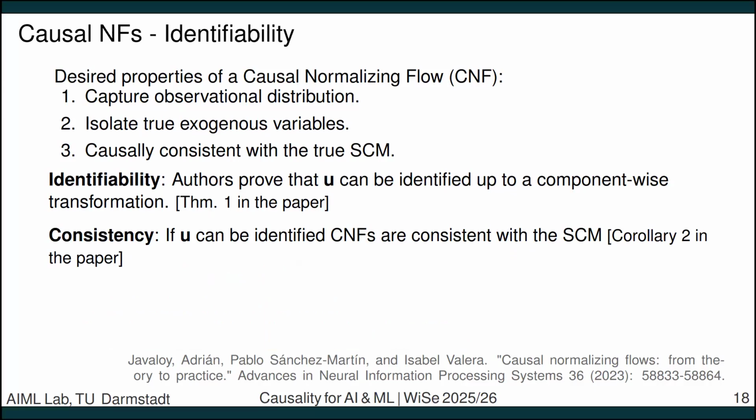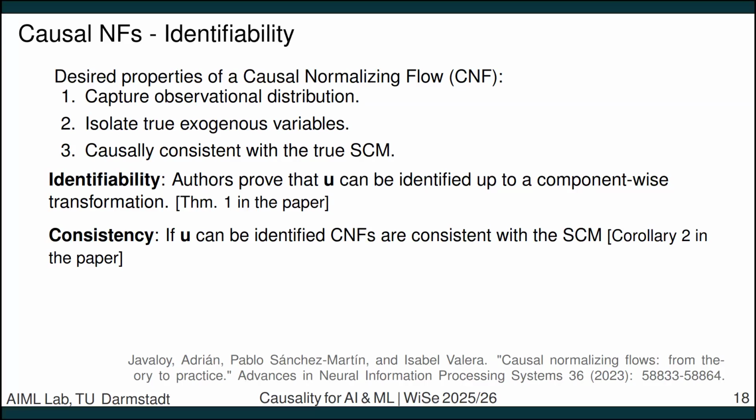So we do not mix together certain U's, but they are component-wise independent of each other, and we identify the right one for the right variable. The only thing that can happen, and which we can't really prevent, is that we might not be sure of the exact scale of that U.